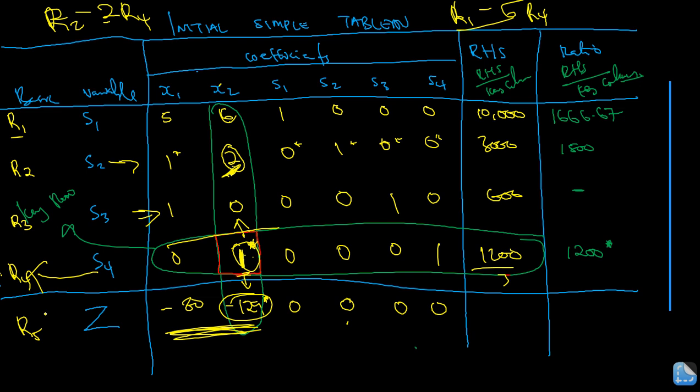So at the end of the day, if you see a negative value in the objective row, you must make sure that you continue to iterate until it is no longer negative.